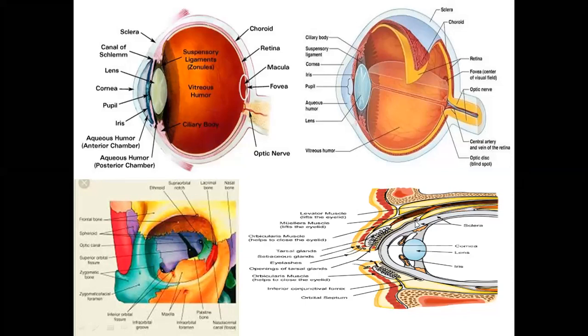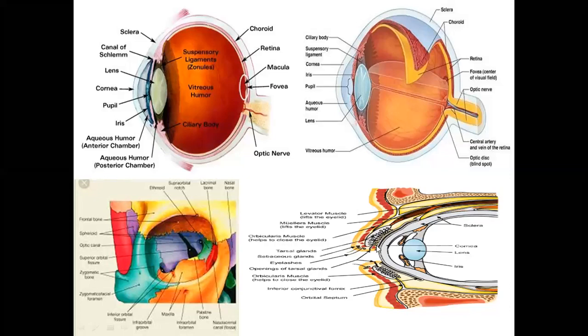This is the conjunctiva, and the conjunctiva which covers the sclera and the cornea is called bulbar conjunctiva, and this is the superior fornix. When it reflects over the eyelid, this is called palpebral conjunctiva. So here, this is a lens, this is an iris, this is a cornea.